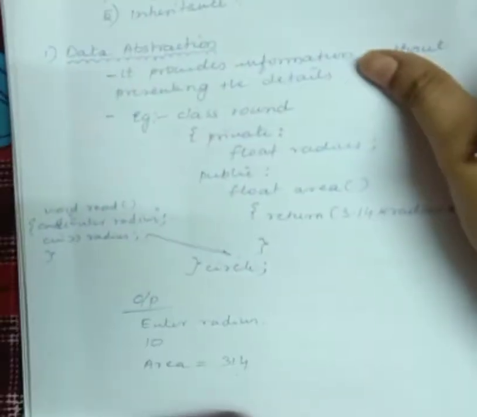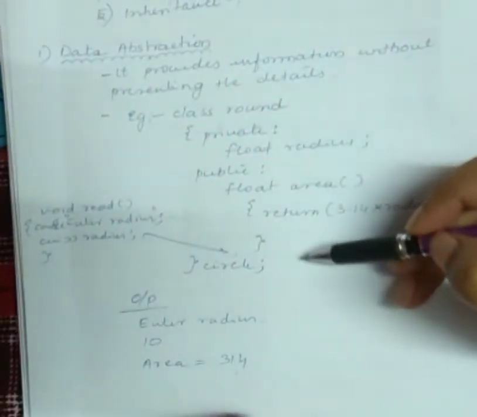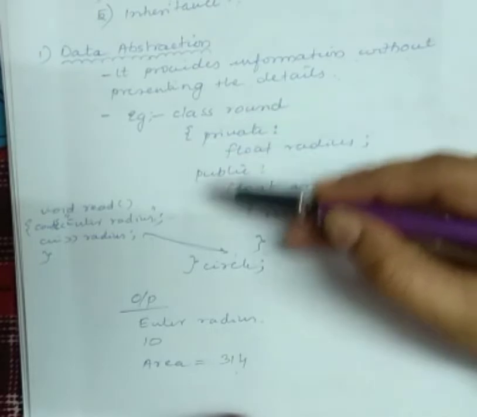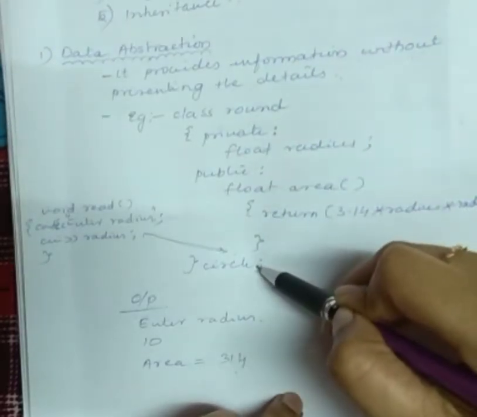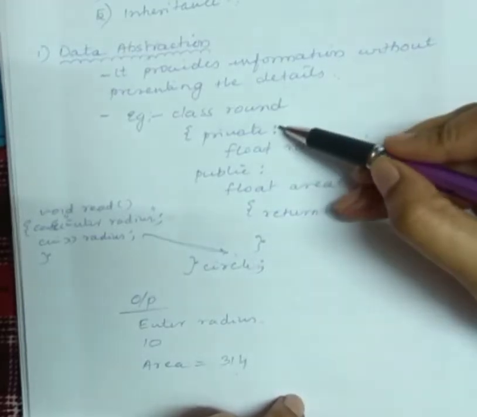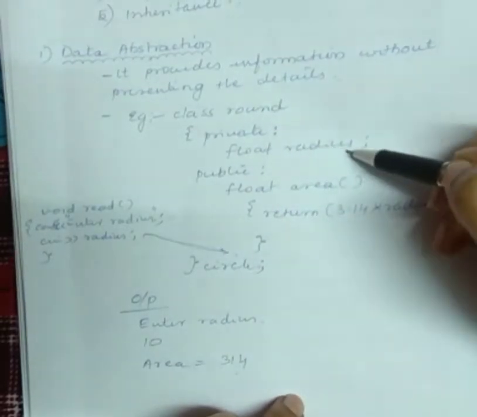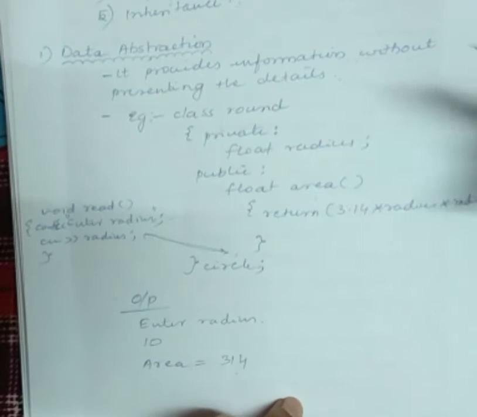I will take an example. In this example, there is a class named round with an object called circle. Here there is a private member, float radius, and a public function area.